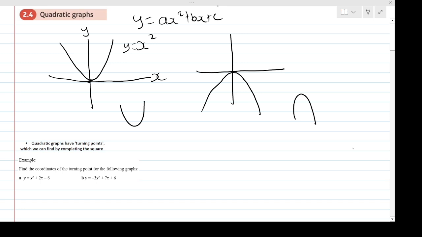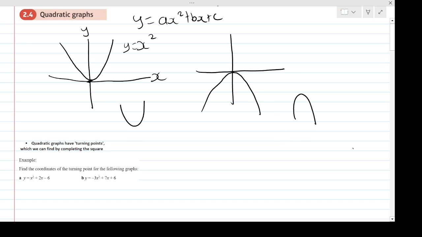Instead of going down and up, like the left graph, it goes up then down. It resembles a frown shape. So this looks like a smile, and this looks like a frown.